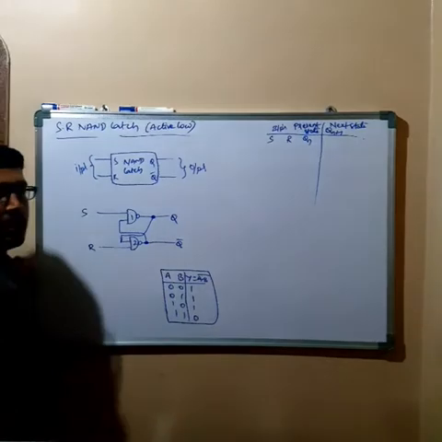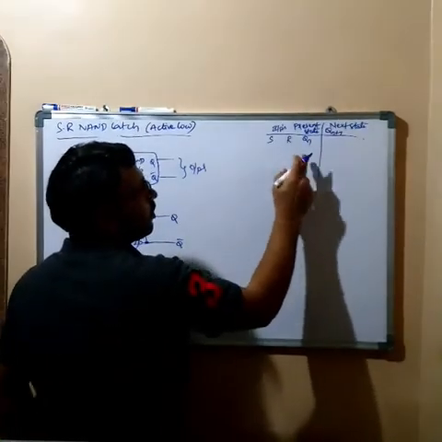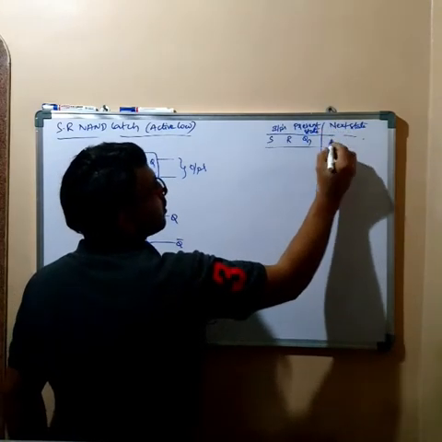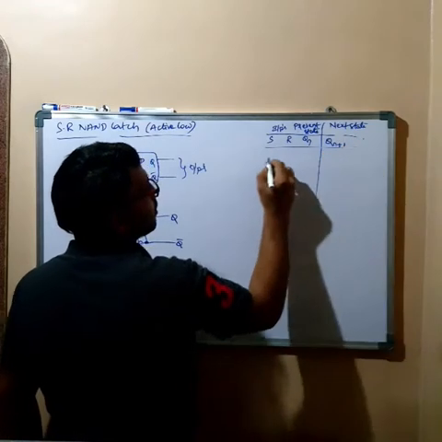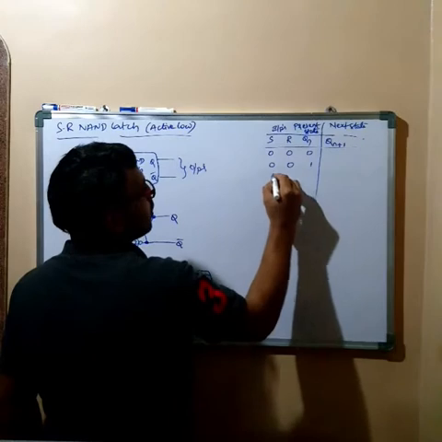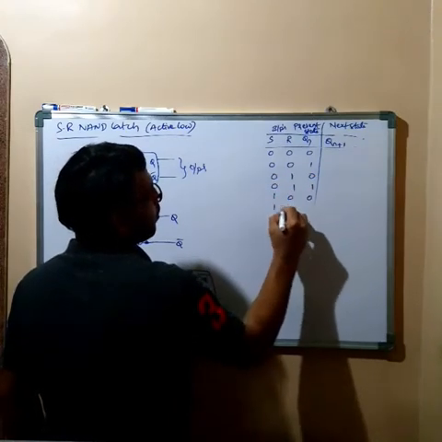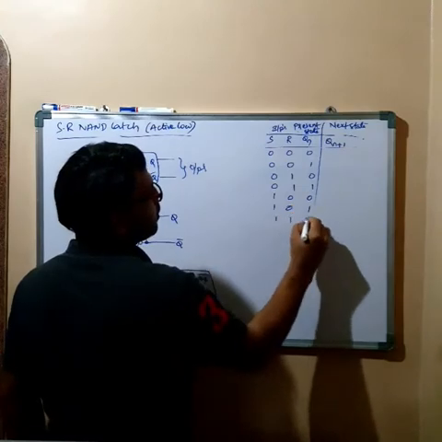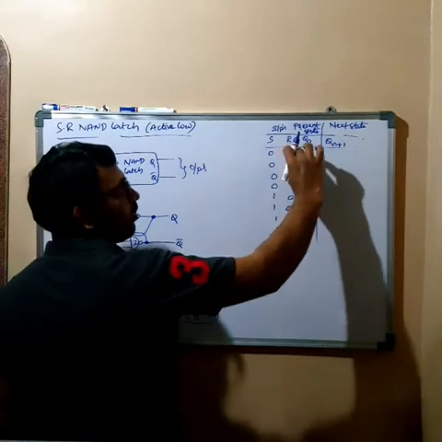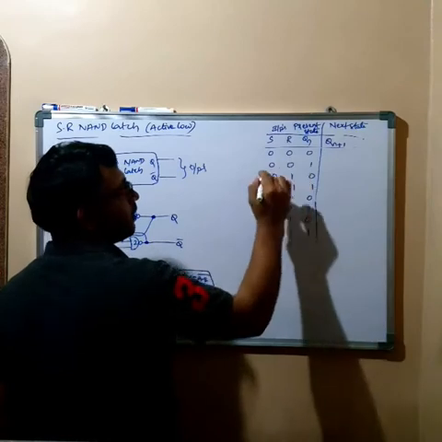If the present state is also considered as input, there are total 3 inputs. Based on this, you will get 8 different combinations: 000, 001, 010, 011, 100, 101, 110, 111. For the same combination of S and R, the past output is changing.